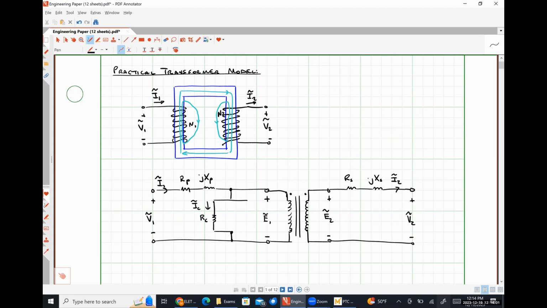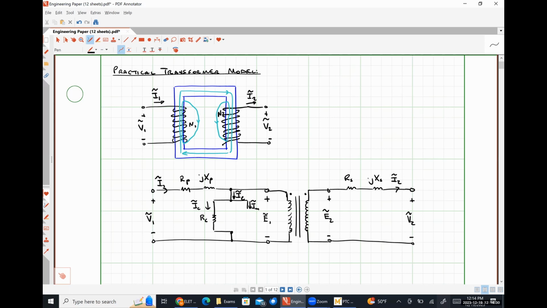We also have a magnetizing current that is required to magnetize the core. So we're going to call that current I sub M. And the combination of I sub C and I sub M is what's known as our excitation current, I sub E.